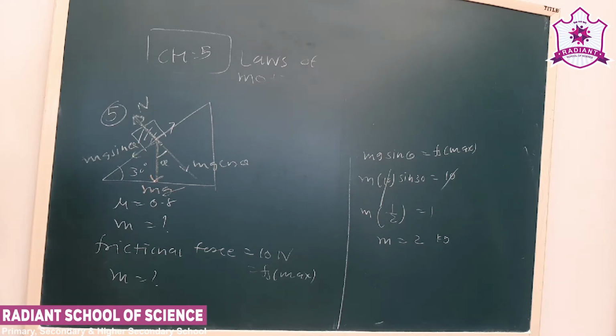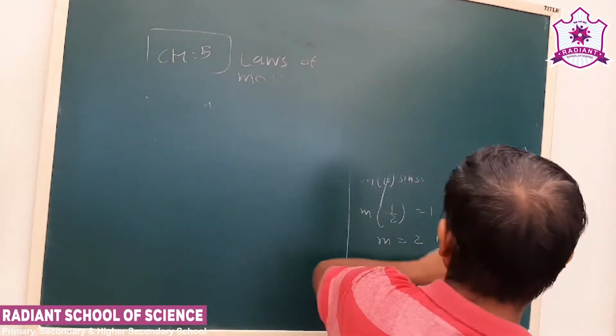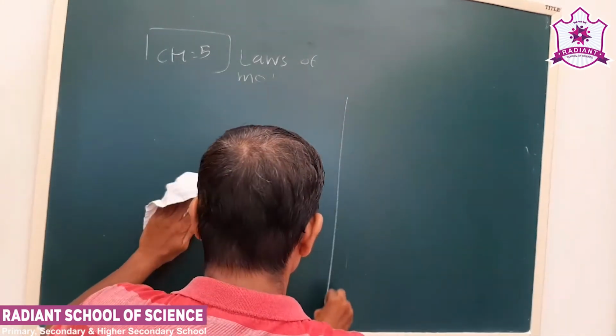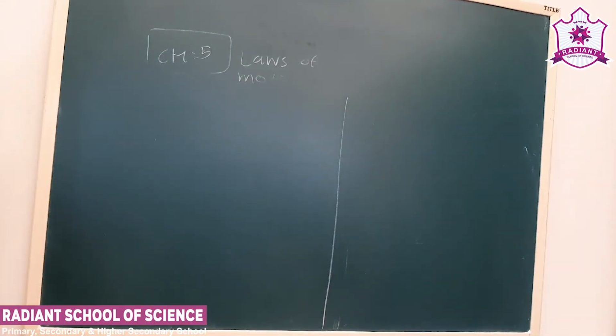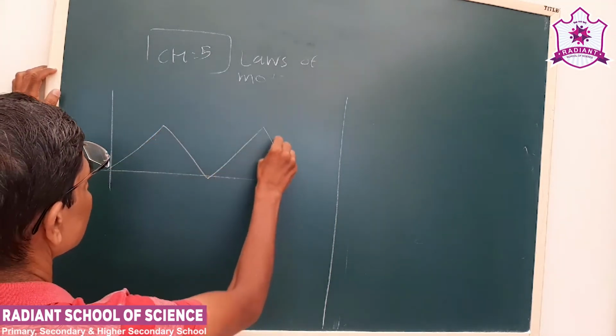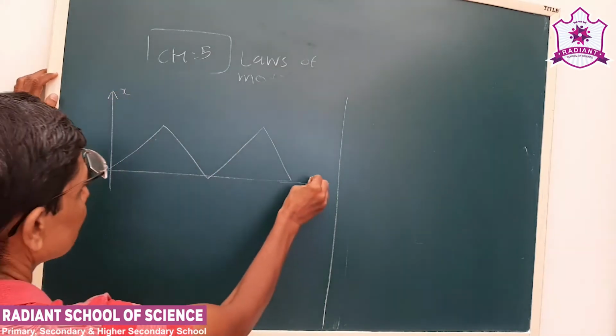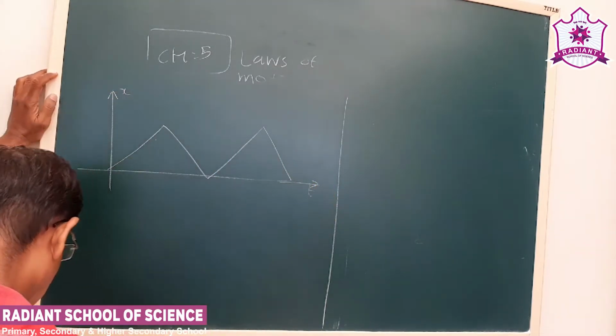Now see our next question. Sometimes the graph is given. Here it is x versus t, a distance versus time graph.